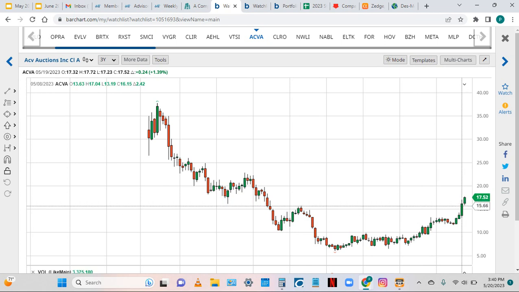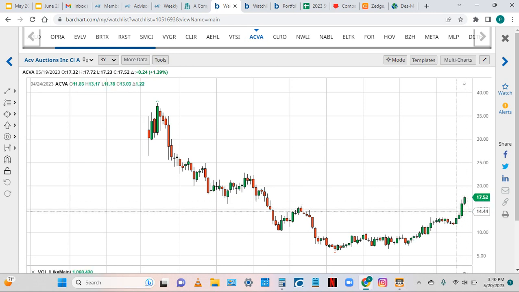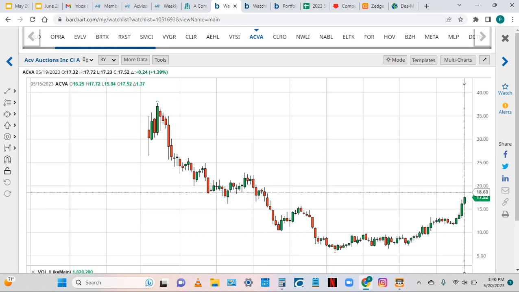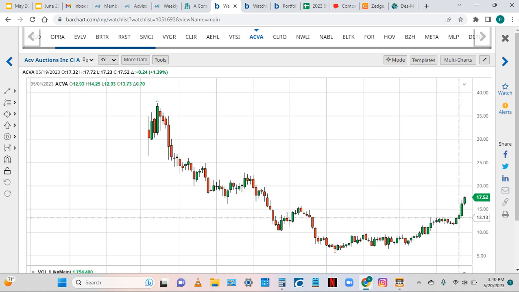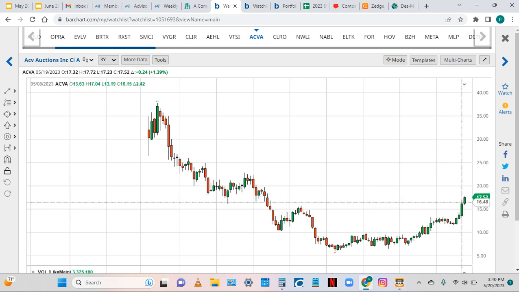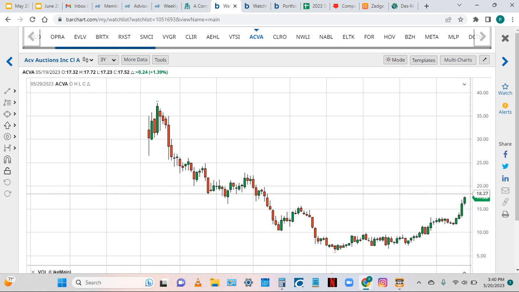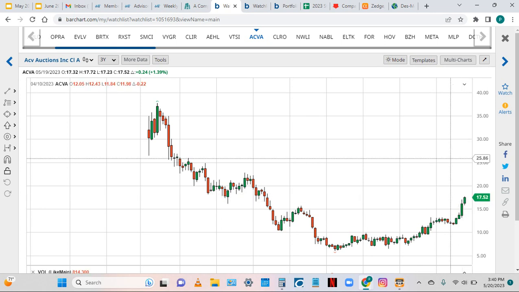Since I don't own it, I would like to see it pull back to this area, maybe to the 15 area. But you could make a case to buy over this high for a continuation of the move. But remember, it's up 1, 2, 3, 4 weeks in a row. So the chances are it's either going to consolidate or pull back. So that's more of a hold for me.